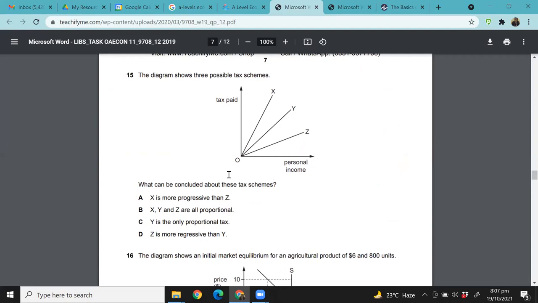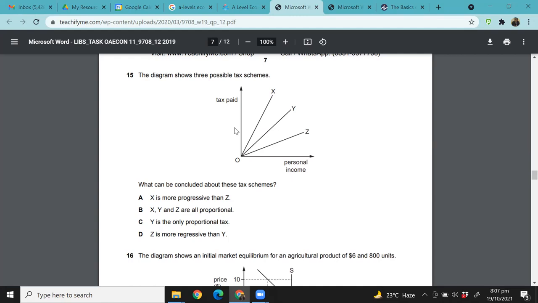So what was the definition of proportional tax? When the rate of tax is the same. Everyone is paying tax; the higher the income, the higher the tax paid.